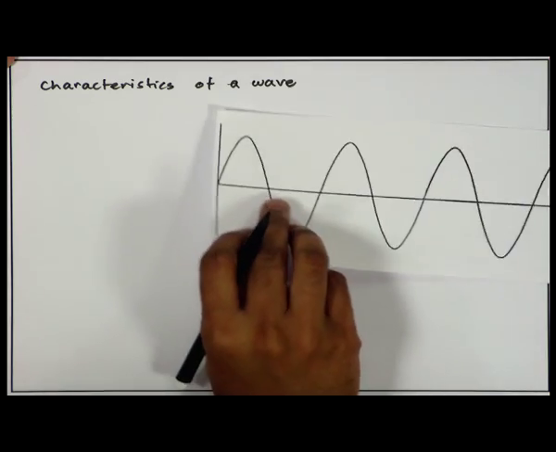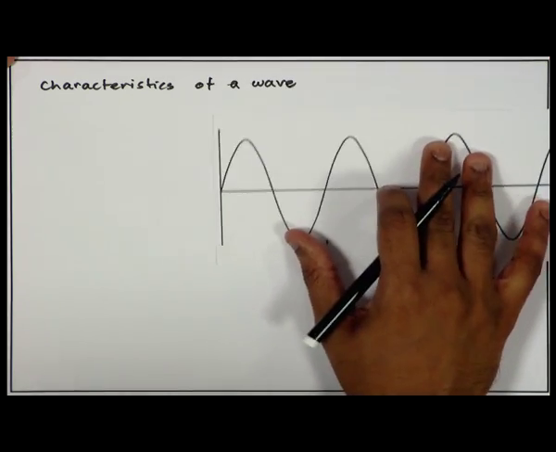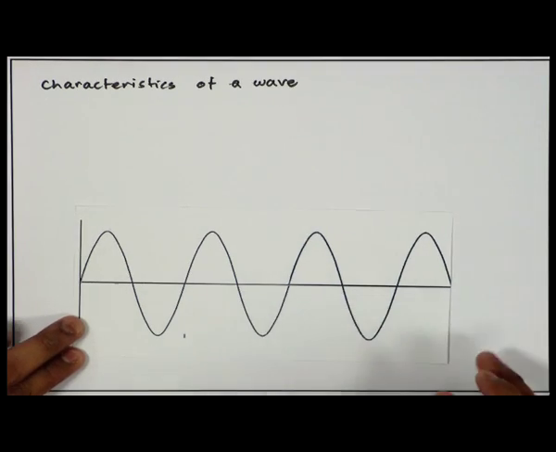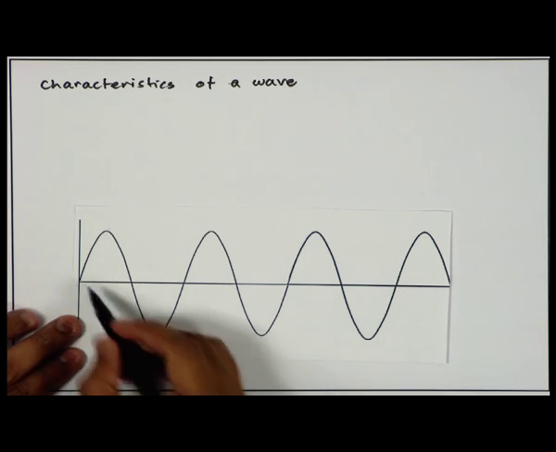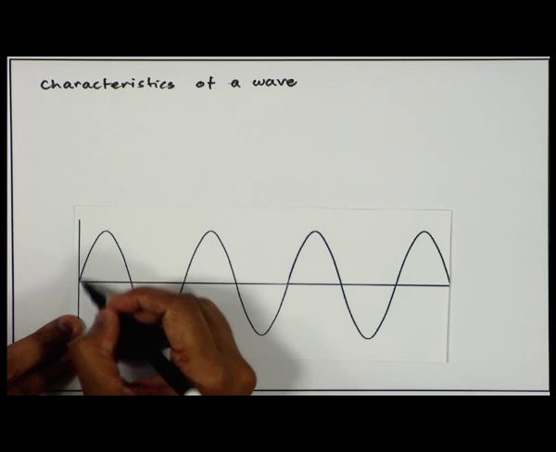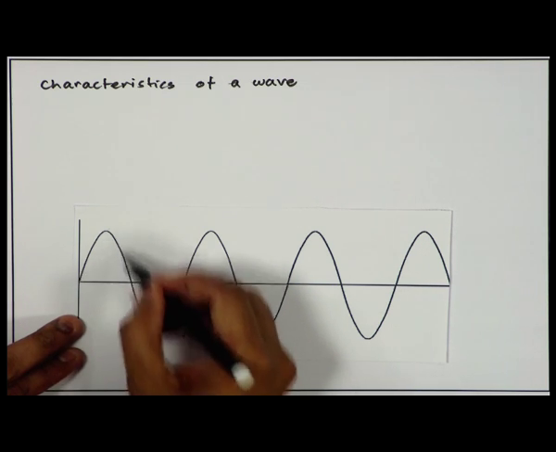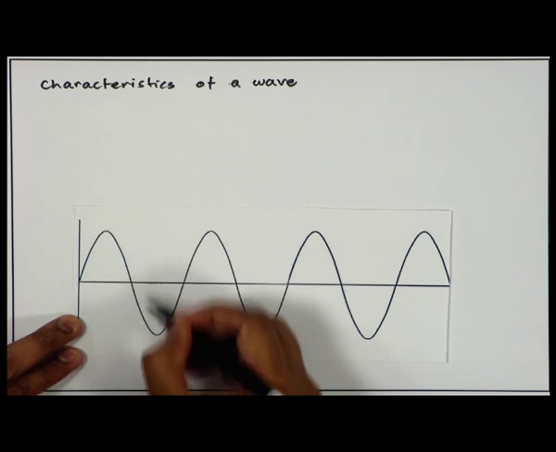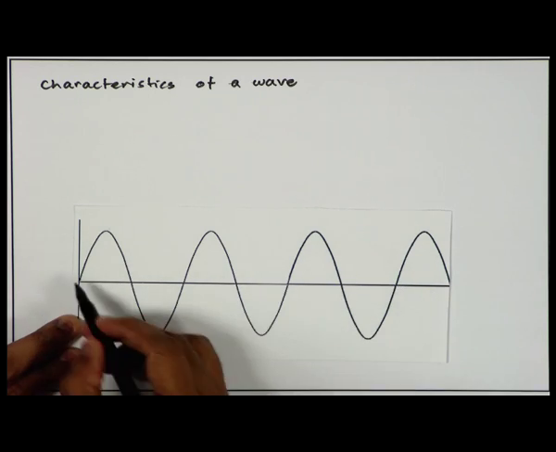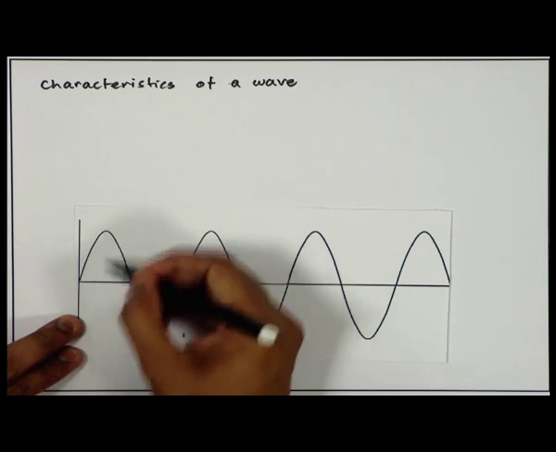I will show you one example of a wave. Here you see this is the normal position. You have created some disturbance, that is why the system is now getting displaced. Whenever it is going away from this normal position, which is this horizontal line, that is called a displacement.